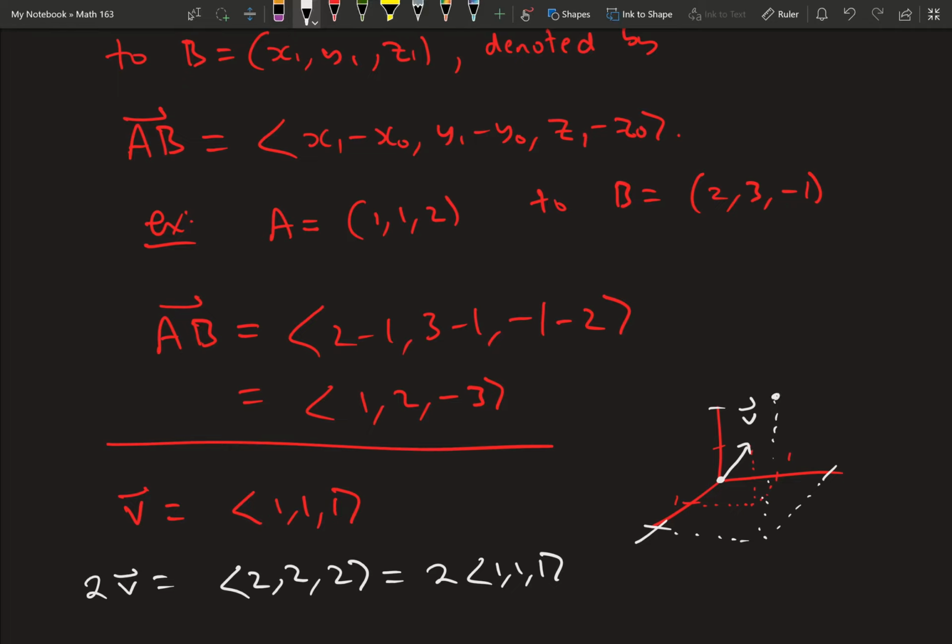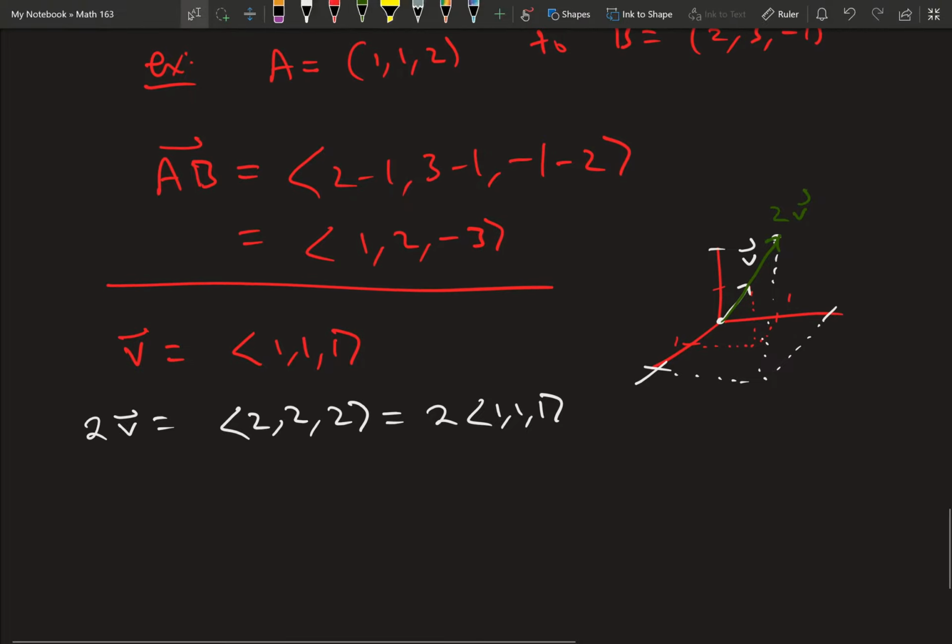So let me draw that with yet a different color. That would be this vector. So this would be 2V. So scalar multiplication stretches vectors in the positive direction, or of course you can go in the negative direction. If you had negative V, you would be going to (negative 1, negative 1, negative 1).